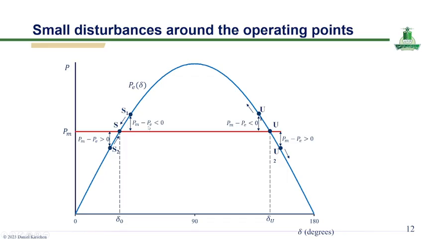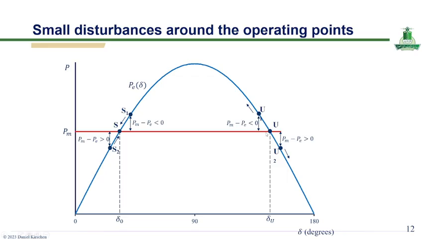PE is bigger than the PM, causing deceleration, and if delta decreases, PM is bigger than PE, causing acceleration, so indicating a stable equilibrium.